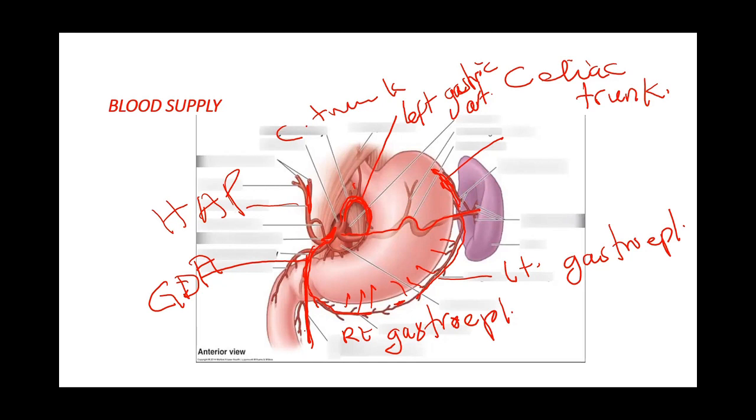Now, the inferior pancreatico-duodenal artery comes from the superior mesenteric artery to anastomose with this.